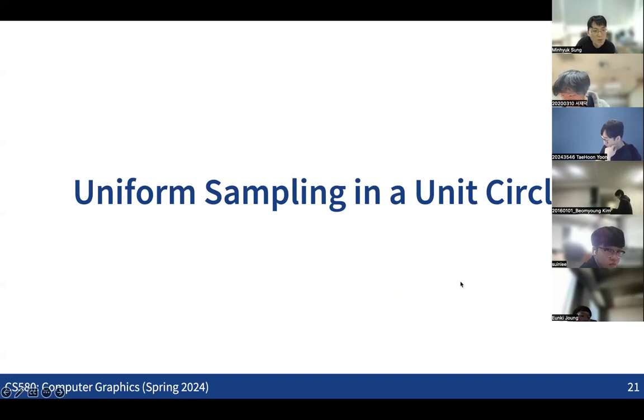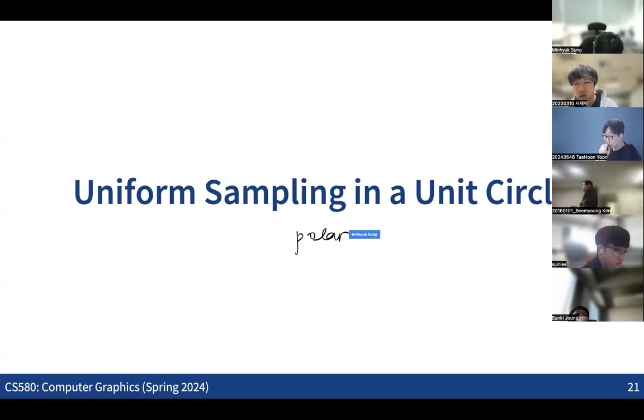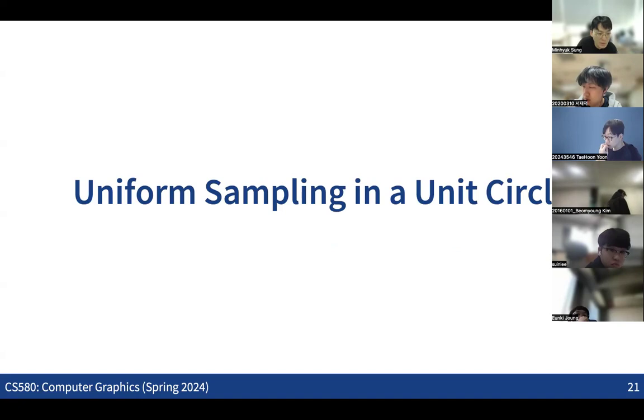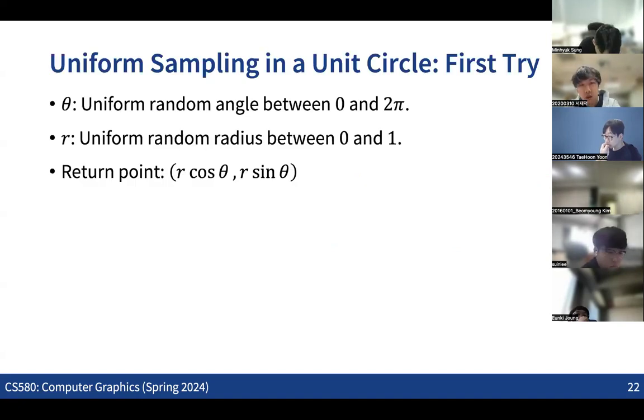So let's get into this specific example. If we want to uniformly sample in a unit circle, one simple idea might be to utilize polar coordinates. We represent any point with r and theta. One simple way to sample in the unit circle is to uniformly sample the angle theta in the range from 0 to 2 pi, and also sample the radius from the range 0 to 1.